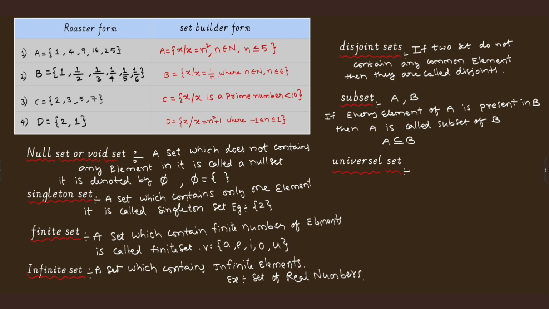Every element of A is there in B, then we call A a subset of B. For example, the natural number set is a subset of the whole number set.